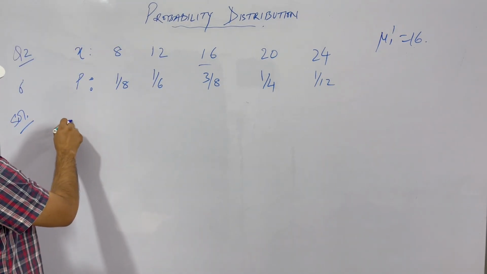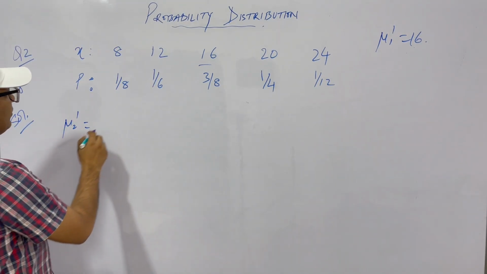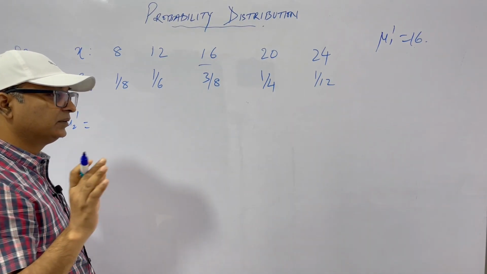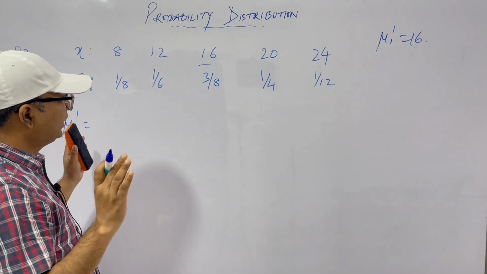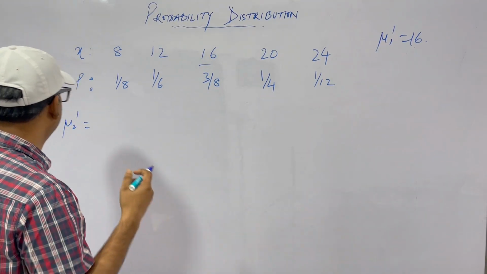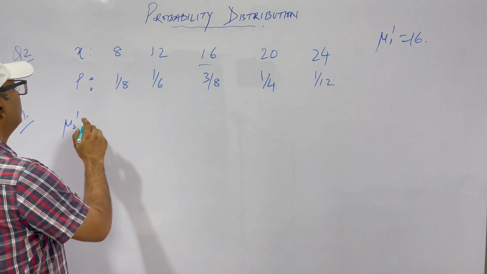Now mu2 dash. I'll do this in two ways so that you are able to understand it better.